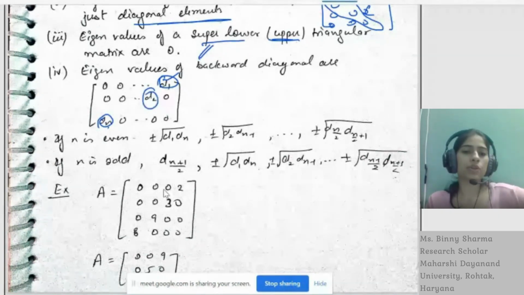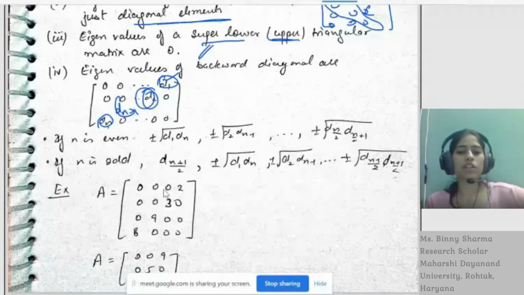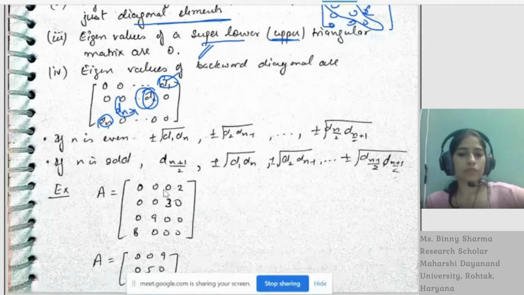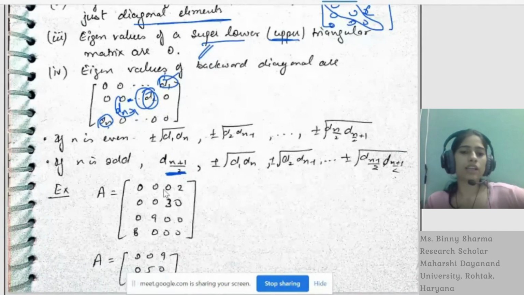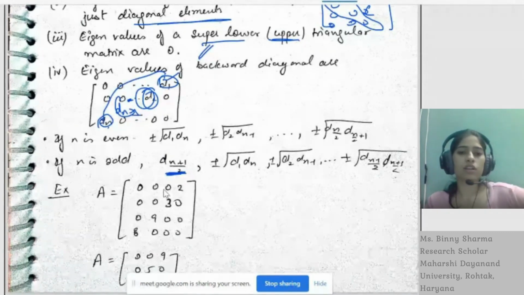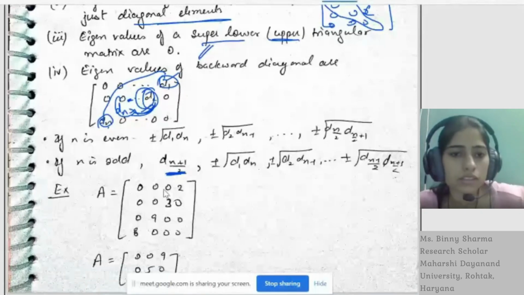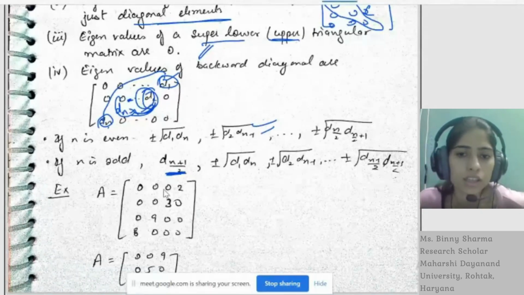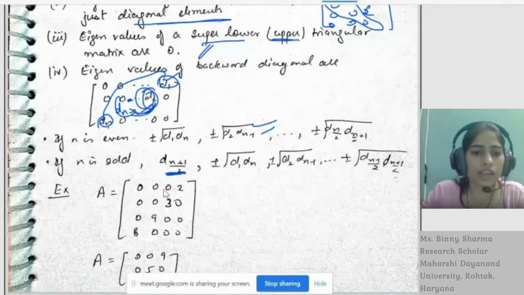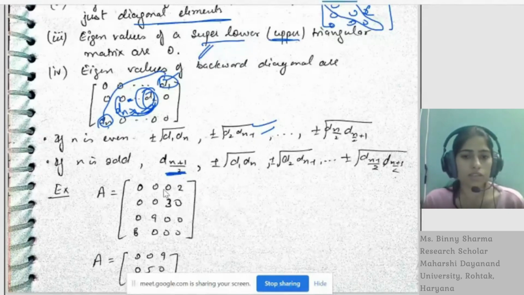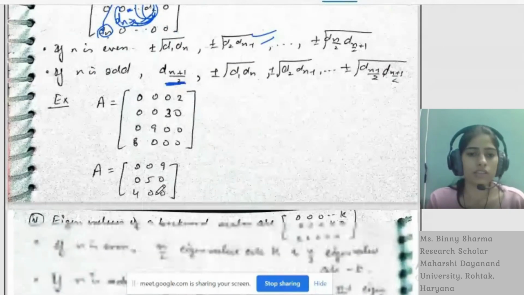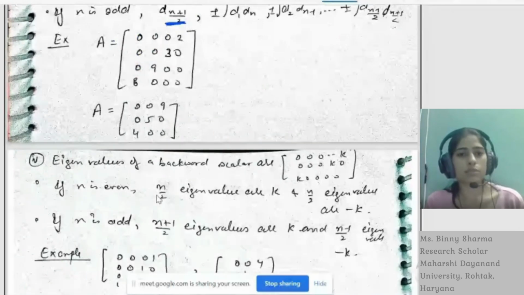Similarly d2 and d(n-1), so plus minus under root d2 d(n-1). If n is odd, the middle one will be d((n+1)/2) and the other eigenvalues will be found in the same way as above. You can clearly understand by the examples.